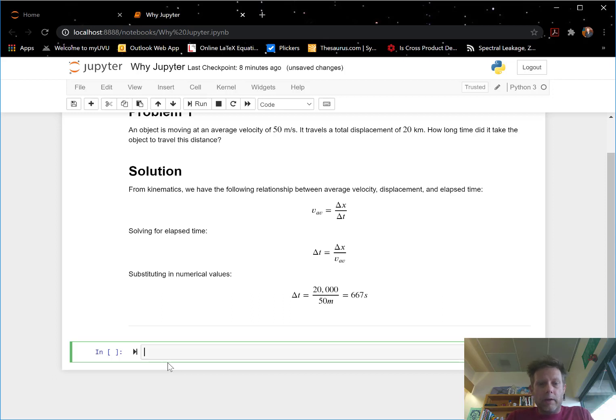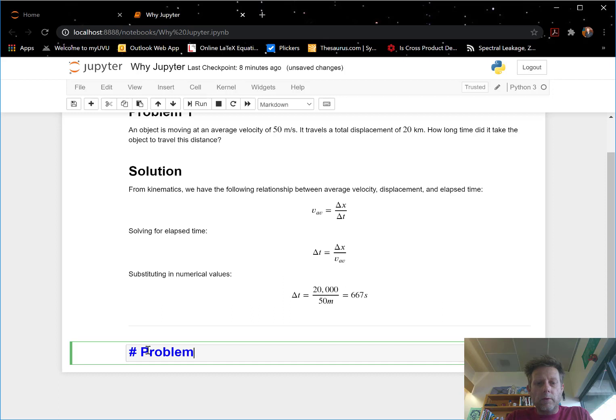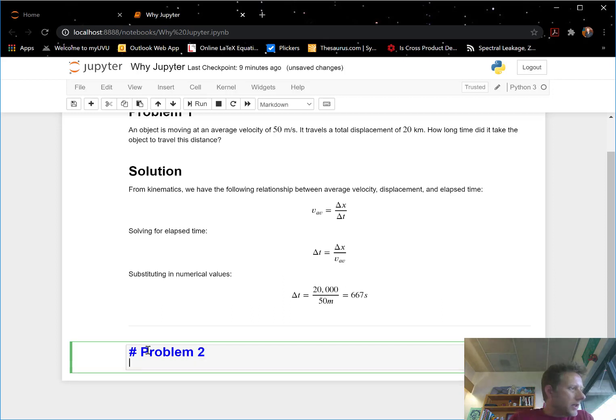Take another problem here. So this is going to be problem 2. Let's make a markdown box. So problem 2, I have that listed over here.